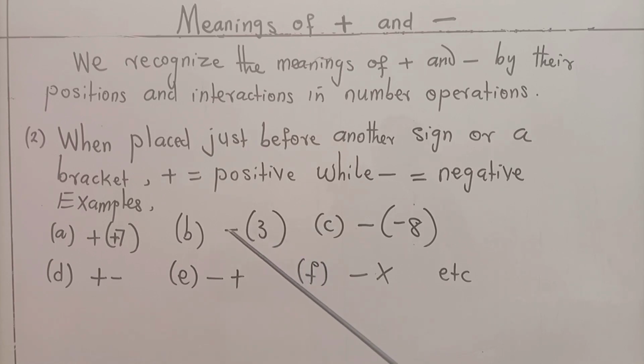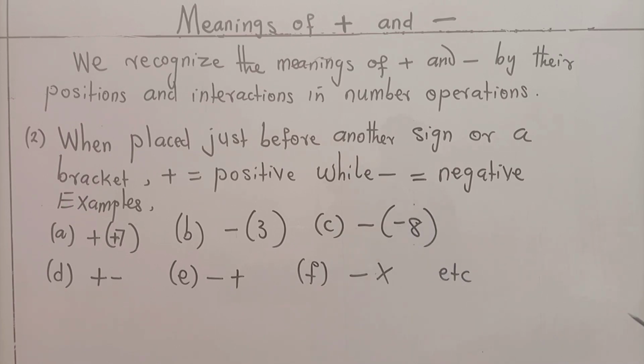And here we observe that nothing is separating this minus from this bracket. Because of that, this minus is actually standing for negative. Negative of whatever is happening in this bracket. Therefore, this minus is a commander. It is affecting or directing how this number in the bracket will turn out to be after a particular operation. Number 6 says minus bracket minus 8.